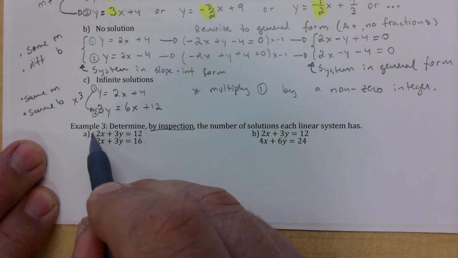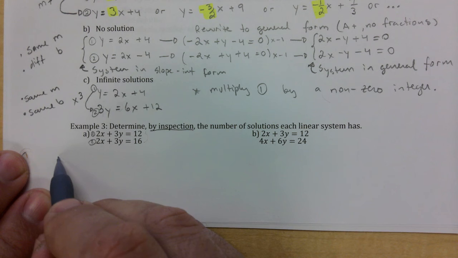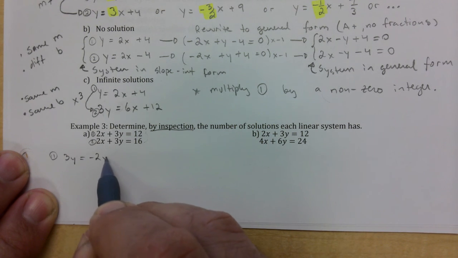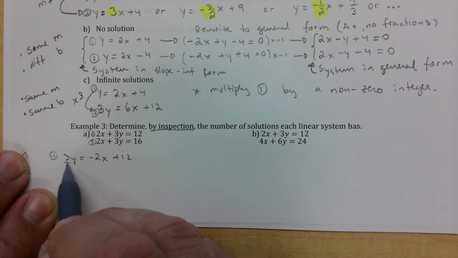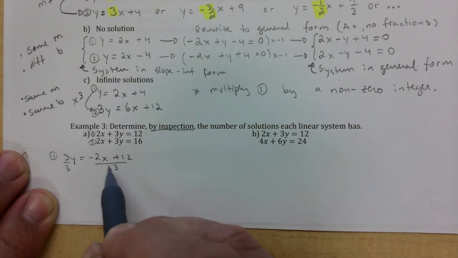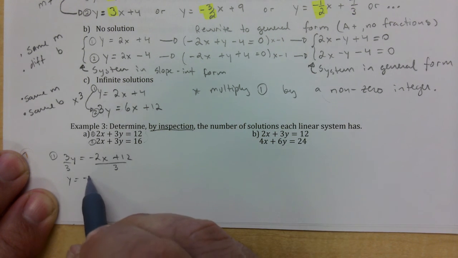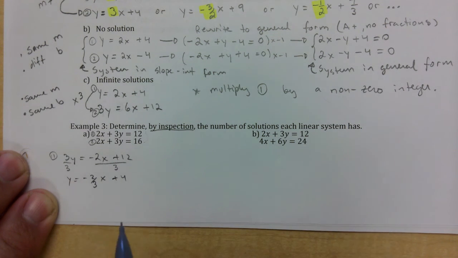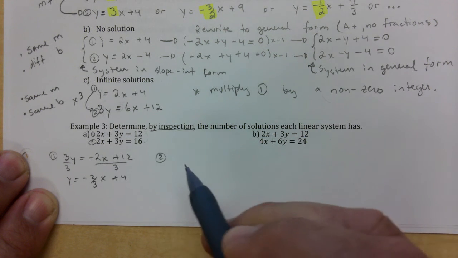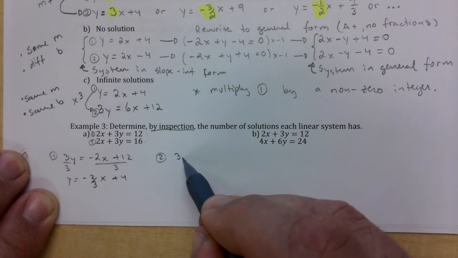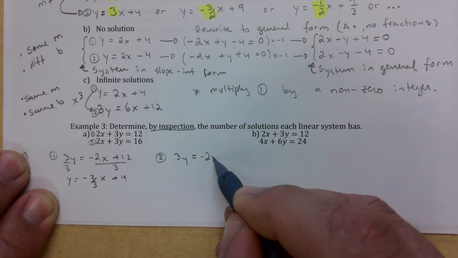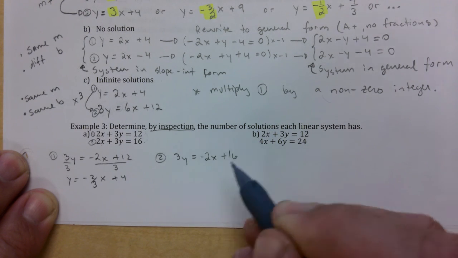So just rewrite the first and the second one. So the first one, we go 3y is equal to negative 2x plus 12. Divide everything by 3. y is equal to negative 2/3 x plus 4. And the second one, we have 3y is equal to, the 2x comes over, plus 16.